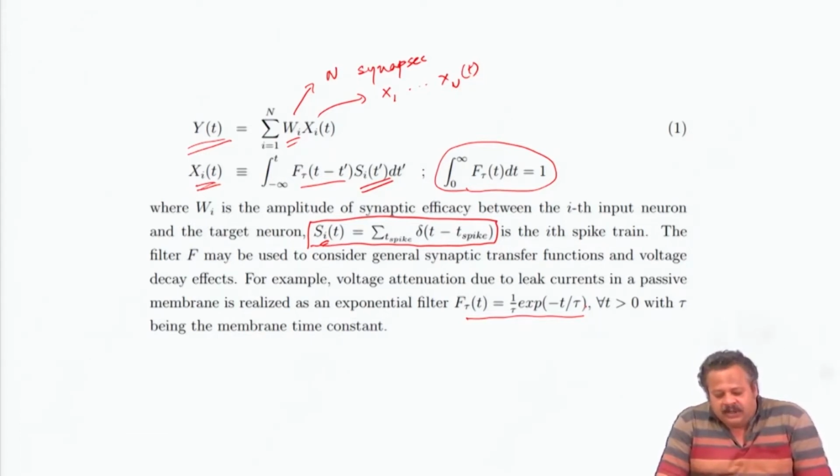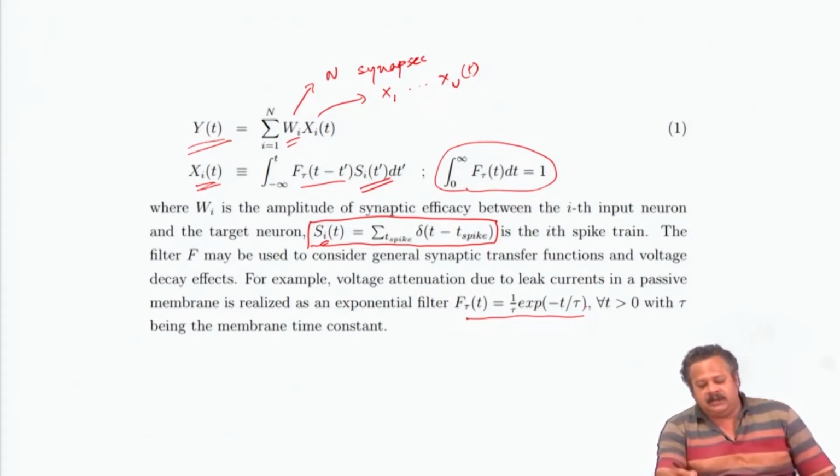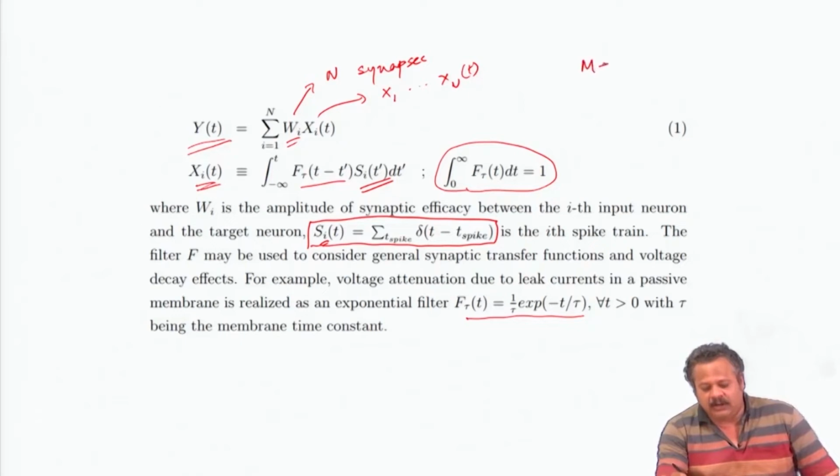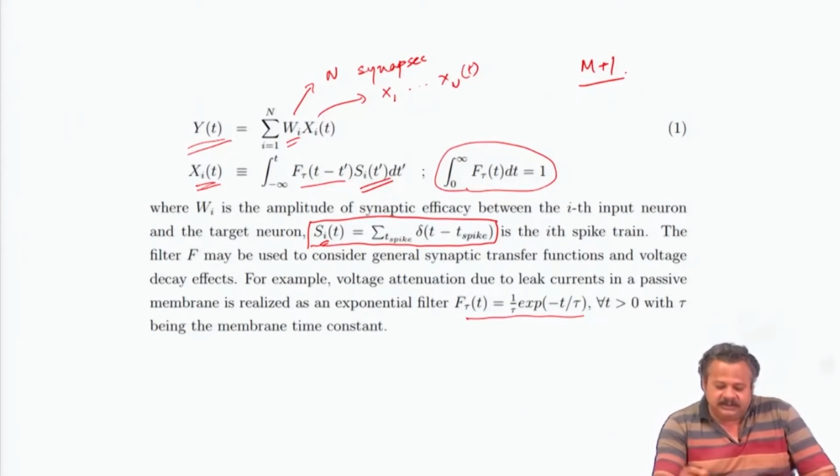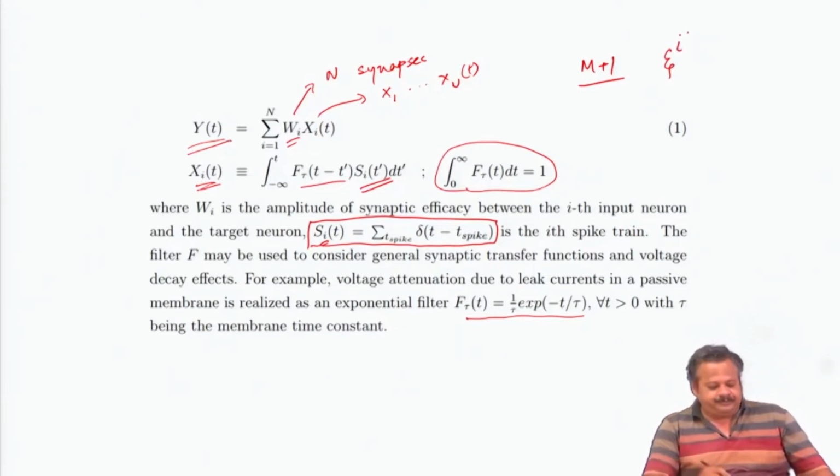So the formulation is: what should we maximize? We consider that there are m plus 1 input patterns, represented by them like so.